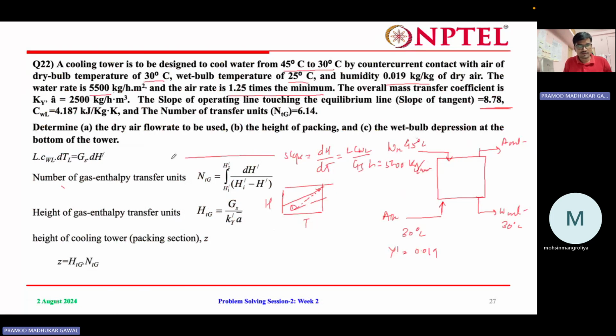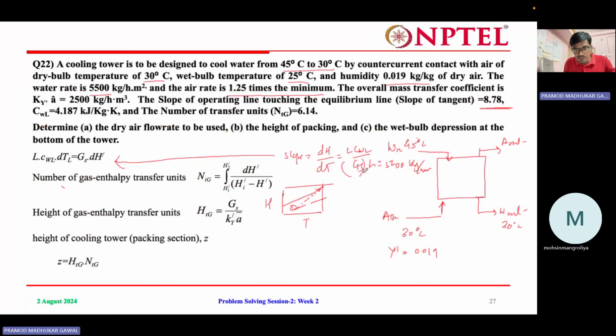So the slope is given as 8.78, L is given as 5500, and the heat capacity is given as 4.187. So we will get the minimum GS.